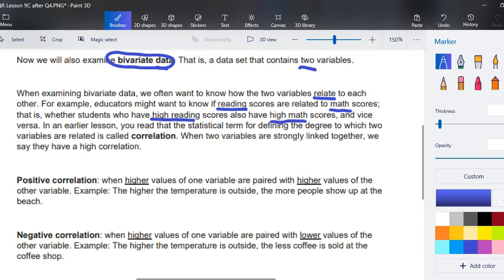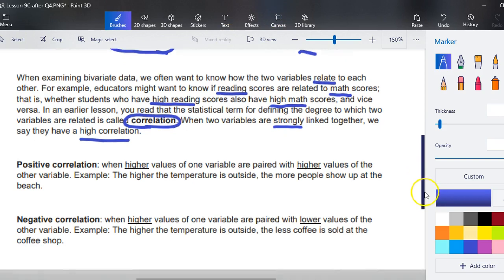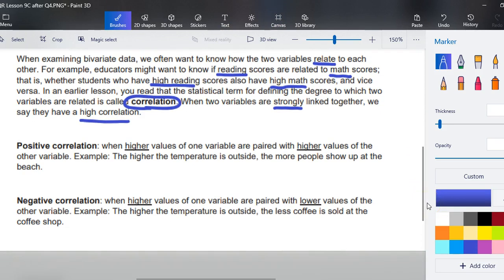In an earlier lesson, we read that the statistical term for defining the degree to which variables are related is called correlation. When two variables are strongly linked together, we say that they have a high correlation. We have positive correlation and we have negative correlation.